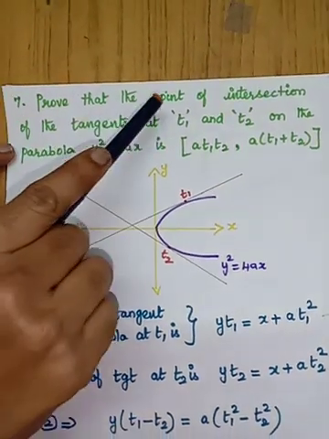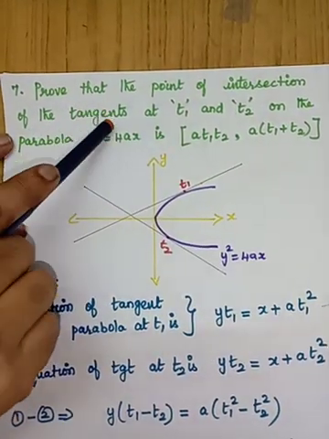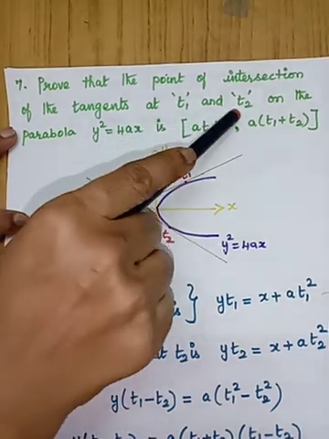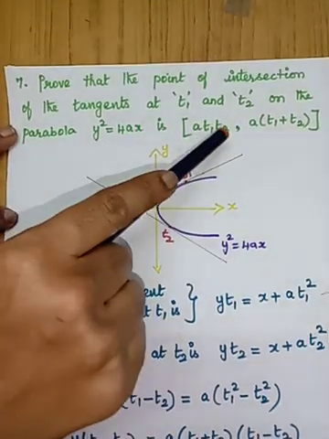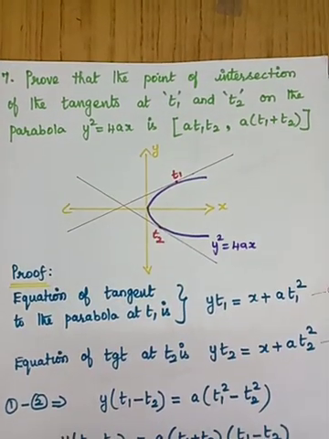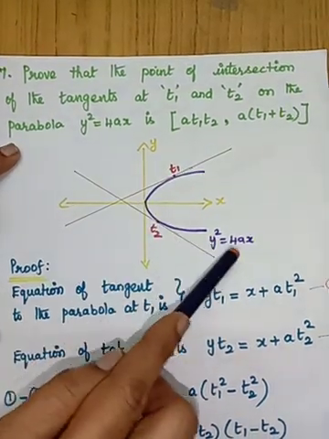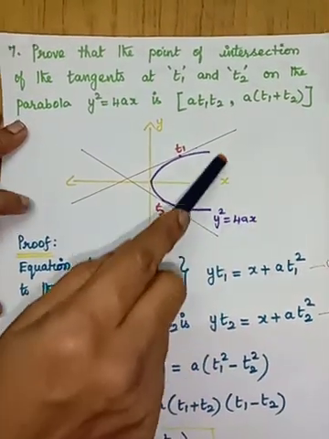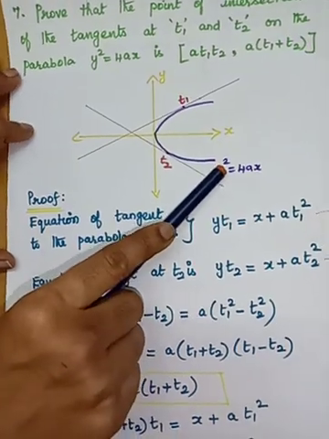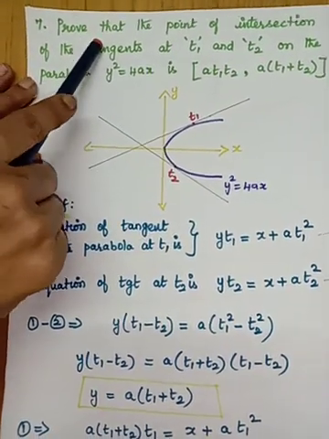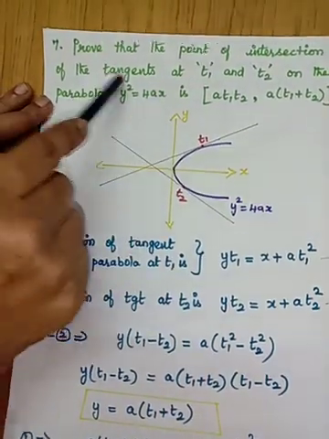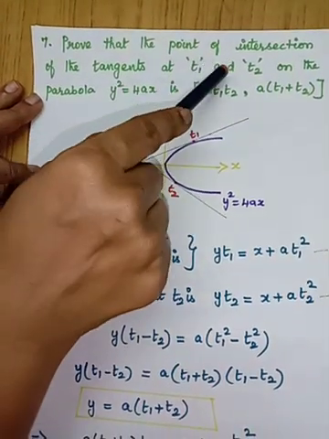Prove that the point of intersection of the tangents at T1 and T2 on the parabola is... Okay. So see now, I have taken the parabola y squared is equal to 4ax, which opens rightward. So what we have to prove? The point of intersection of the tangents at T1 and T2.